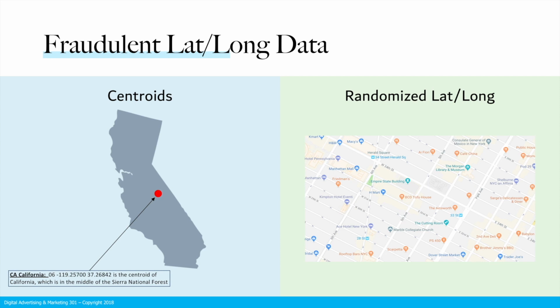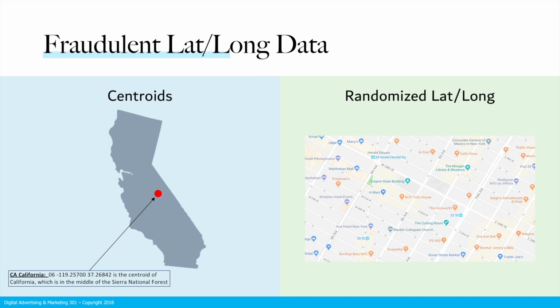Say every single request that comes through that app is going to be from California, and they just happen to choose the center of California as the latitude and longitude information that they're going to pass through. So advertisers know, or ad tech companies know what the centroids are, and if they see it, they'll usually kick it out.